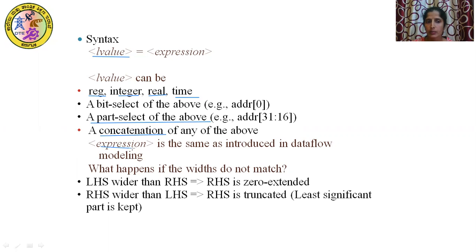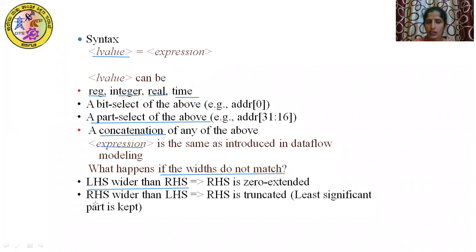Coming to the expression part on the right hand side of the procedural assignment, it is the same as we have come to know in data flow modeling. So the expression can be of any kind. So here in this assignment, what will happen if the widths do not match? If, for example, the LHS is wider than the RHS, then the RHS is 0 extended.